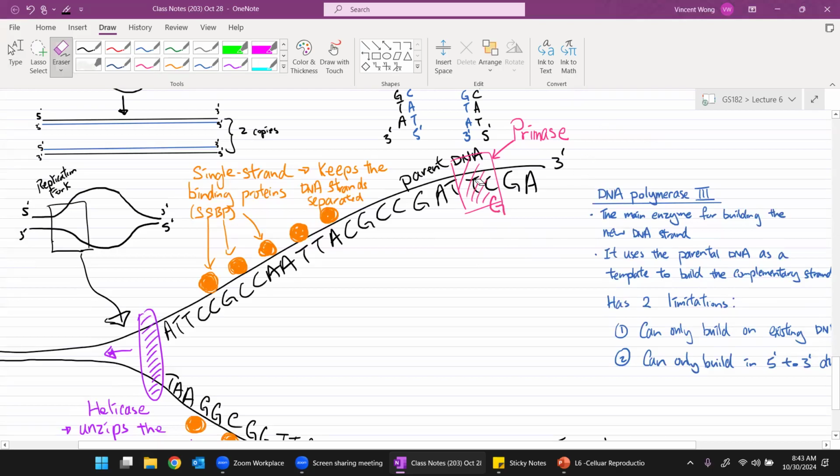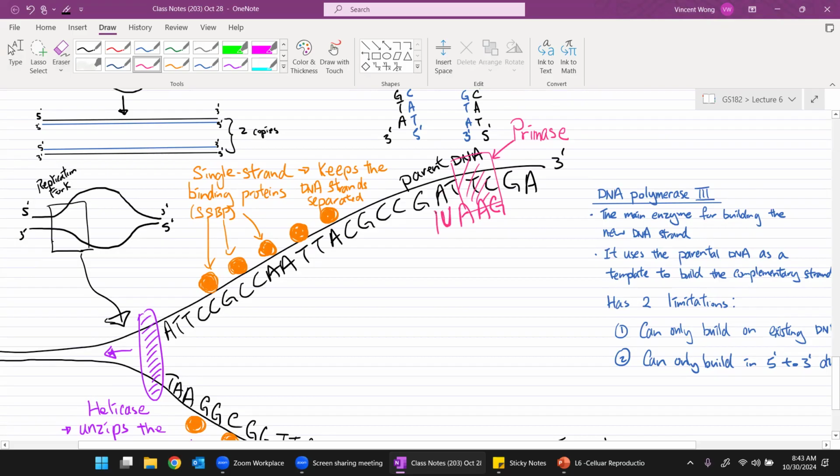Okay, and then they see T. What are they gonna put? And then A, right? And then this is the tricky part. When they see A, what are you supposed to put? Normally, what are you supposed to put? T, right? Okay. But the primase is building RNA instead of DNA. So instead of pairing A with T, it is going to be pairing it with U. Okay.